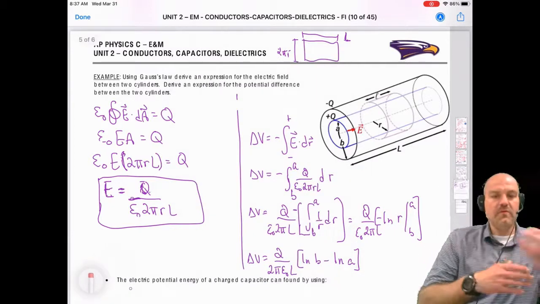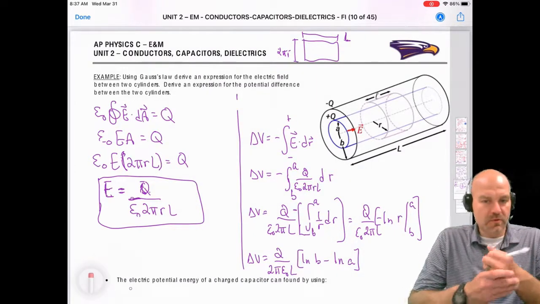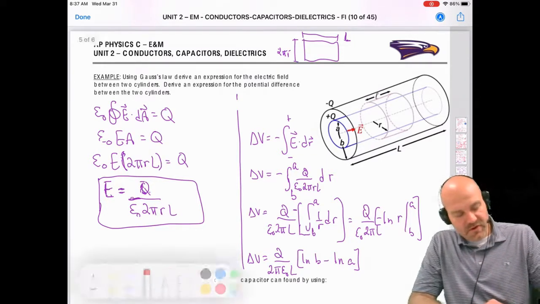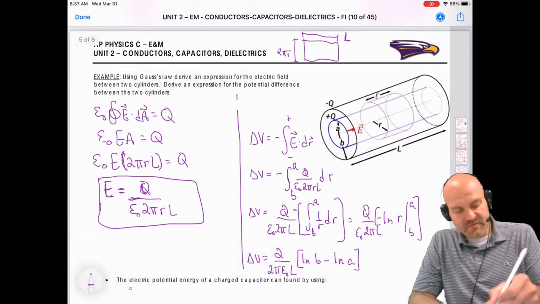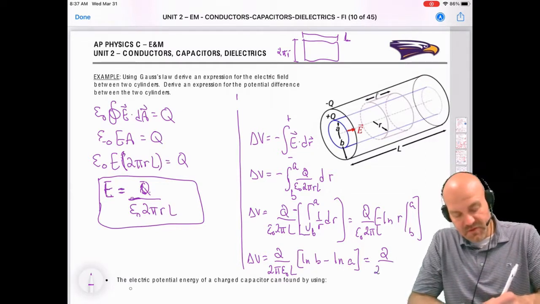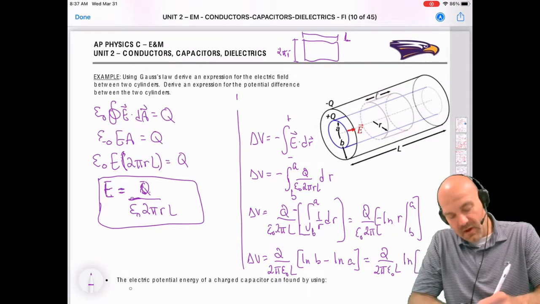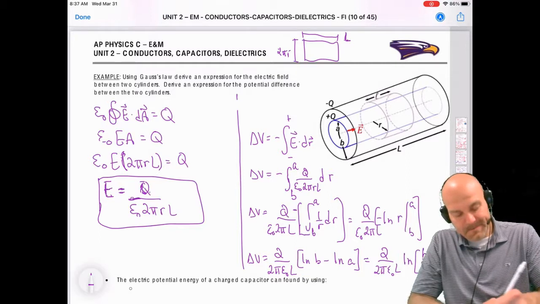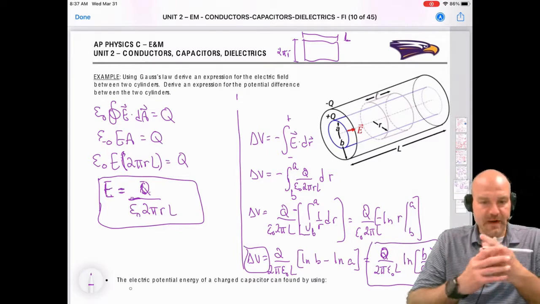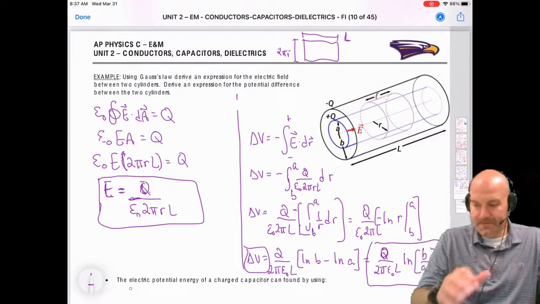But if you remember your log rules, anytime you subtract logs, it becomes division. So your potential difference in a cylindrical capacitor will be Q over 2 pi epsilon naught L, natural log of B over A. I know it looks like a 2, I apologize, but there's our potential difference for a cylindrical capacitor.